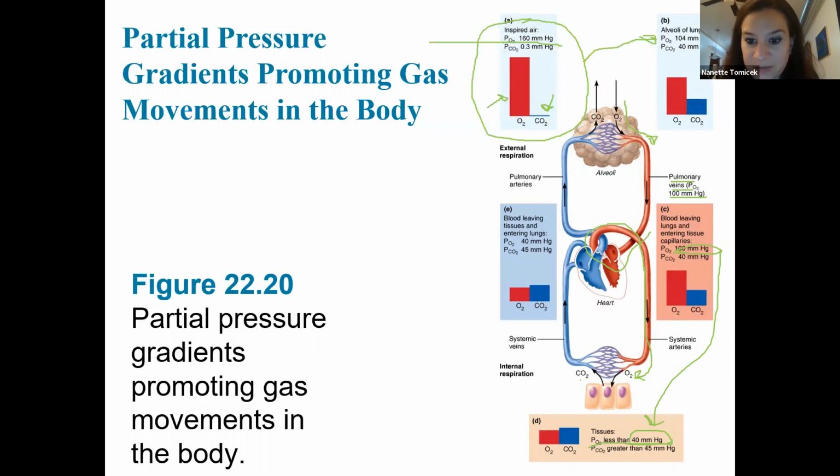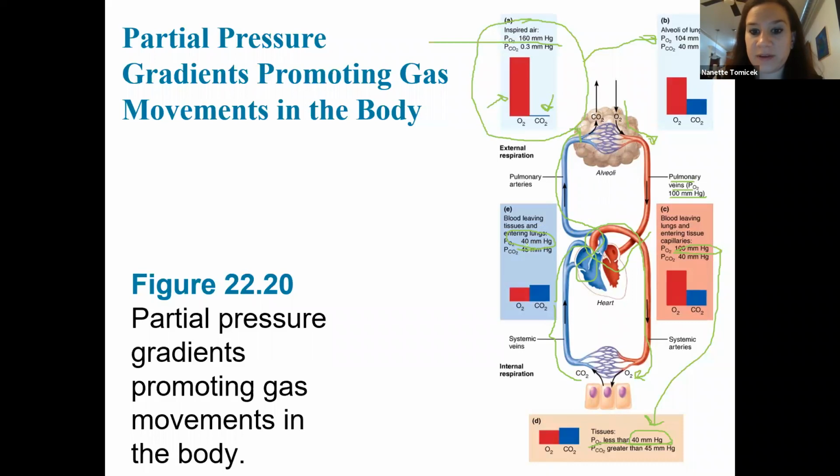So then as we leave on the venous side, now we have a deficiency in oxygen. We know that we only have 40 millimeters of mercury here for a partial pressure of oxygen. And then we're going to go through the right side of the heart, and then we'll go back to the lung to pick up more oxygen.